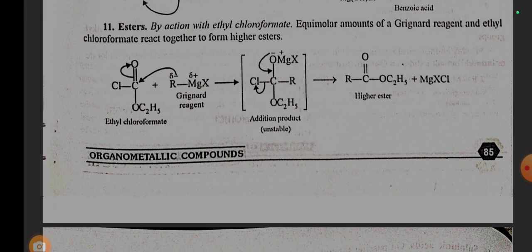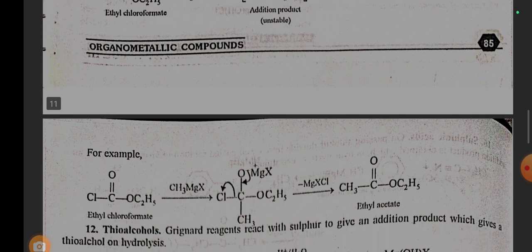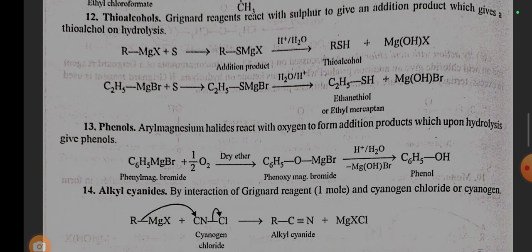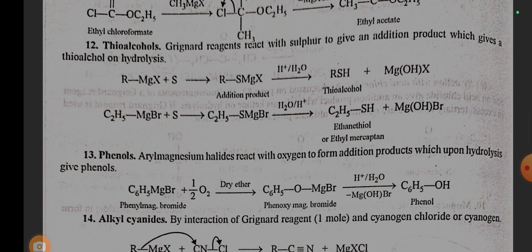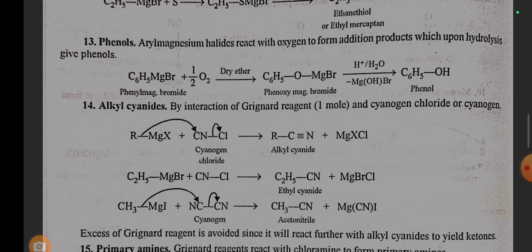Ethyl chloroformate plus Grignard reagent gives an addition product which is unstable, which on hydrolysis gives higher esters plus MgXCl. 12. Thioalcohols. Grignard reagent reacts with sulfur to give an addition product which gives a thioalcohol on hydrolysis. RMgX plus S gives an addition product which on hydrolysis gives thioalcohol plus Mg(OH)X.